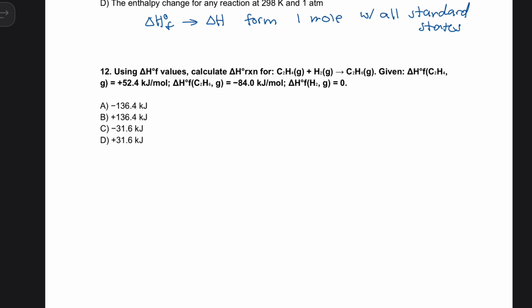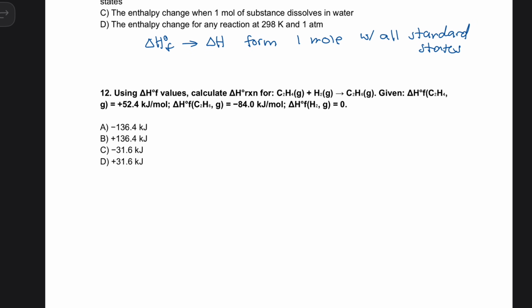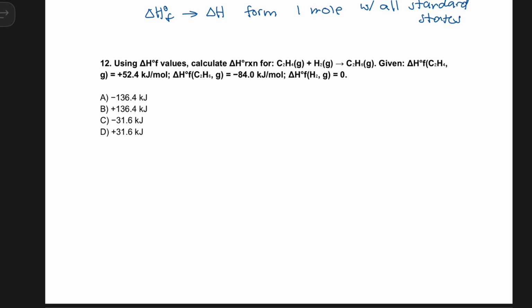Question 12. Using standard enthalpy of formation values, calculate delta H reaction for this reaction, given all of the enthalpies of formation. So this is kind of similar to the question with the bond dissociation energies, except there's just a little change in the formula.